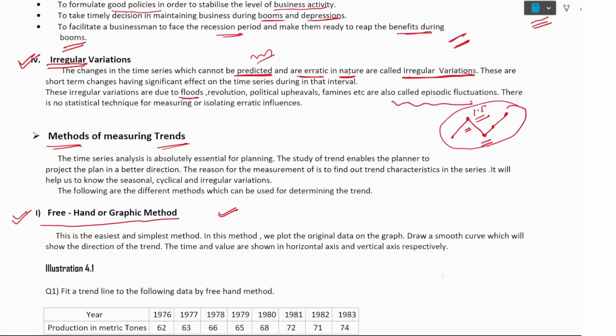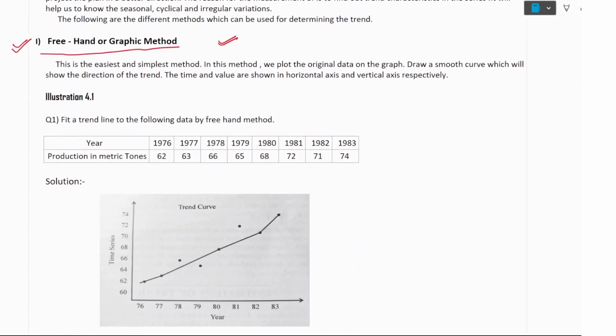Now see here, I'm showing you how to fit a trend line for the following data by the freehand method. Here is the year, and this is the production in metric tons, comparing the years 1976 to 1983. It is done this way, the graphical method. In 76 it is 62 and in 77 it is 63. This is the way it is represented. It shows that it is increasing in nature, but in some periods it came down.